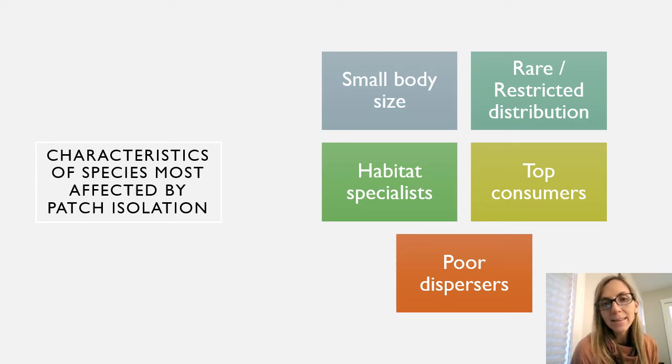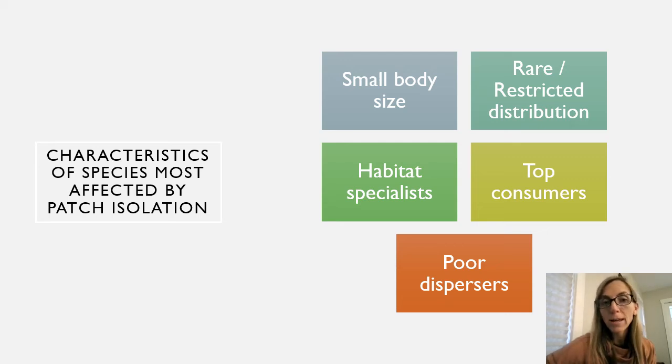It's easy to see that there's somewhat of a confounded relationship between traits that impact a population and their sensitivity to area, the size of the patch, versus their sensitivity to isolation effects, the distance between patches. So rarity, specialization, and trophic position all contribute significantly to both area and patch isolation effects.